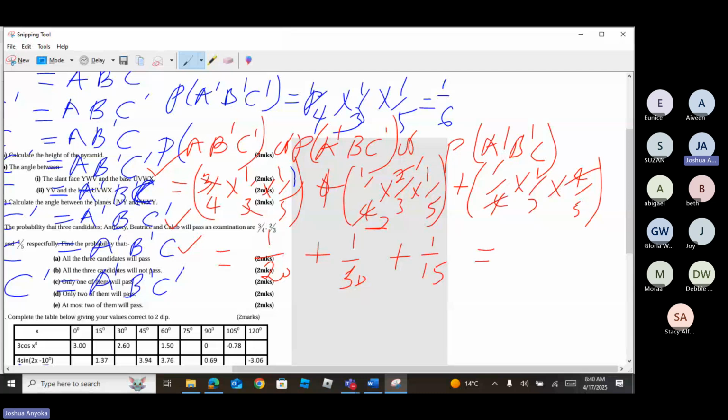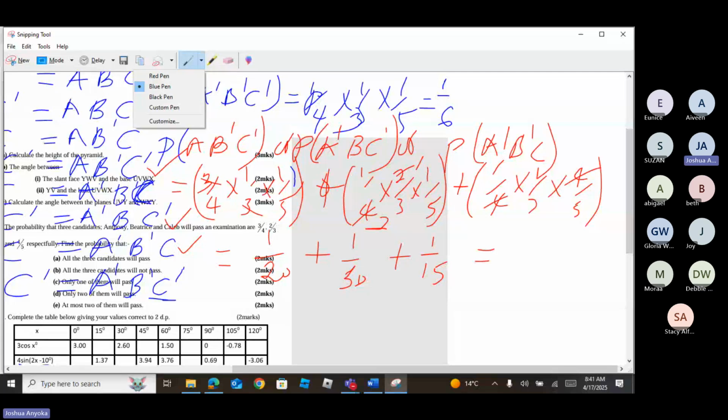Next is the probability that only two of them will pass. Only two of them will pass. So it means what? It means the probability that only two of them will pass. Let's check from our outcome.